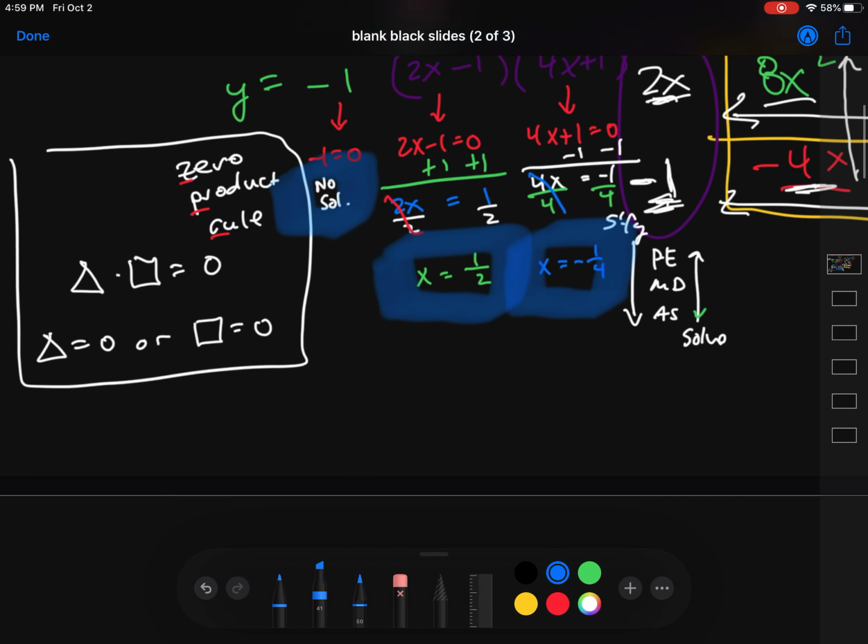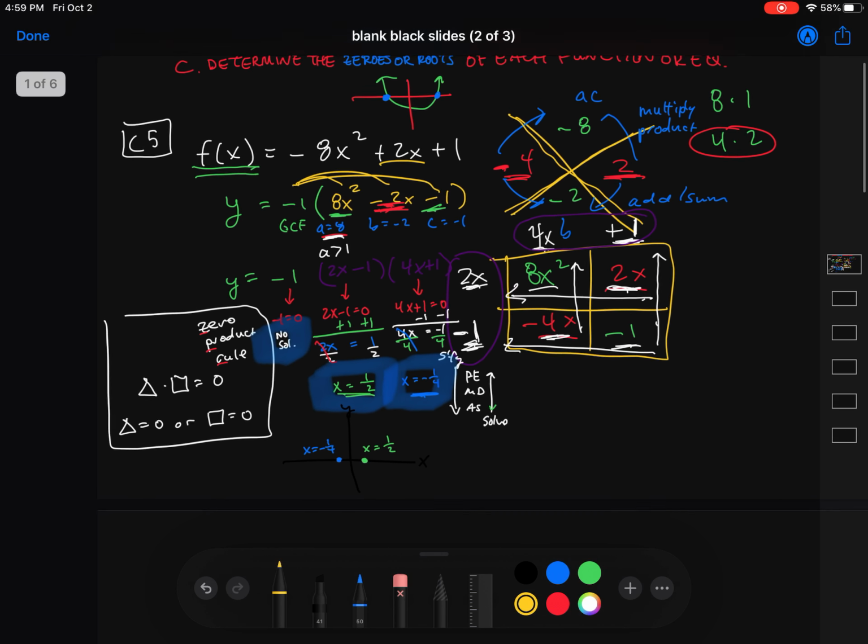Okay, let me put all those puzzle pieces together just so you can see what a graph might look like. There's my x, y coordinate. Okay, x equals 1/2 is right here. x equals -1/4 is right here. I'm just trying to help you understand all the things that are happening.